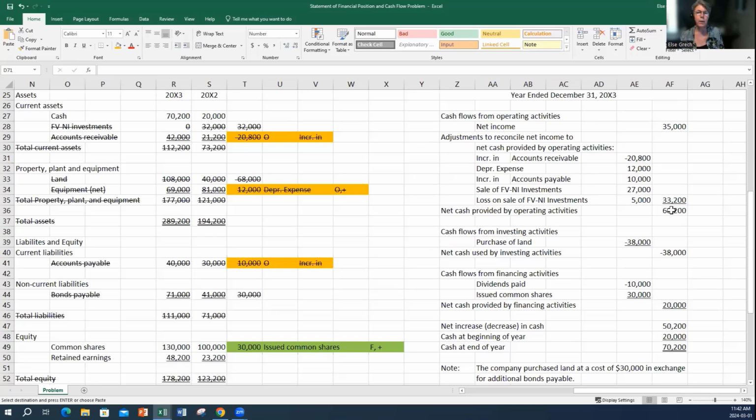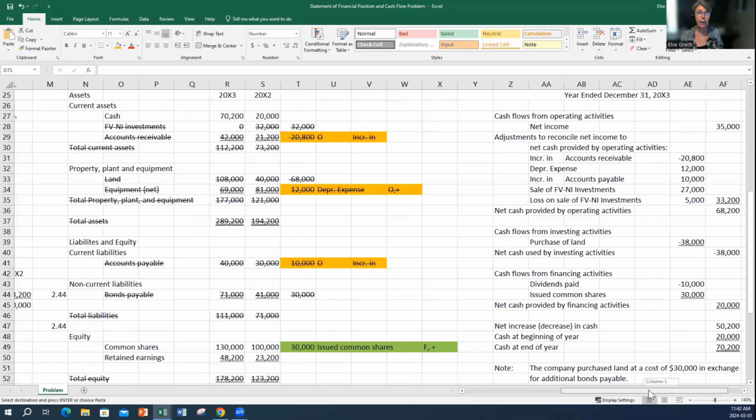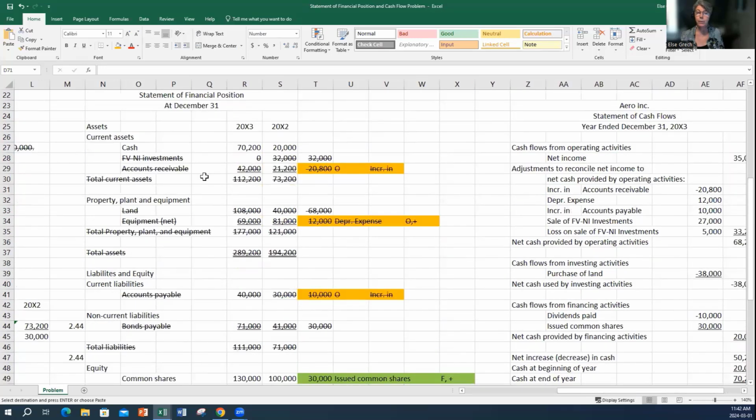Now, I would say one of the concerns probably, if we look at the statement of financial position, we can see an astronomical increase in their accounts receivable. This is a little bit alarming because unless the increase is really supported by an increase in sales, or maybe they changed their credit policy, this means that they're no longer collecting the cash that they should be from their customers.